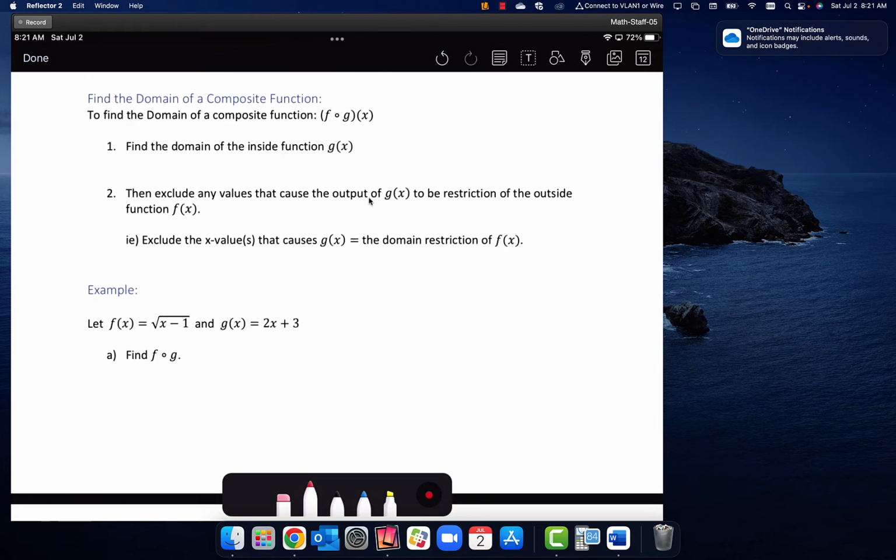Next, we'll talk about the domain of composite functions. The nice thing about this is we already know how to find domain, so the rules for domain are not going to change. There's just going to be one extra thing we have to be aware of.